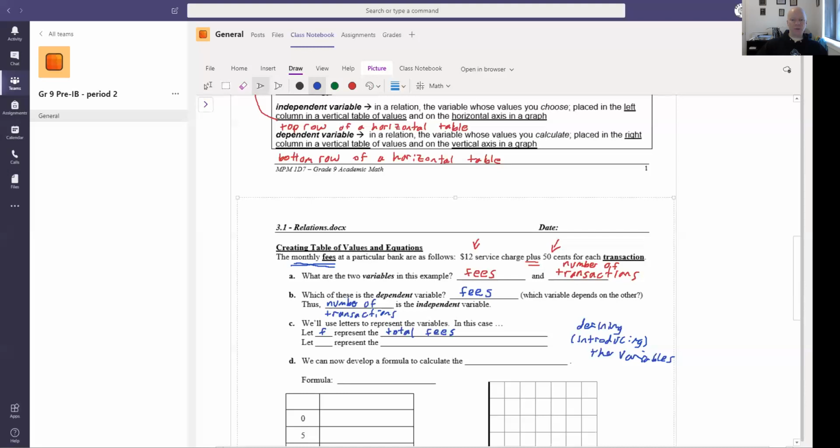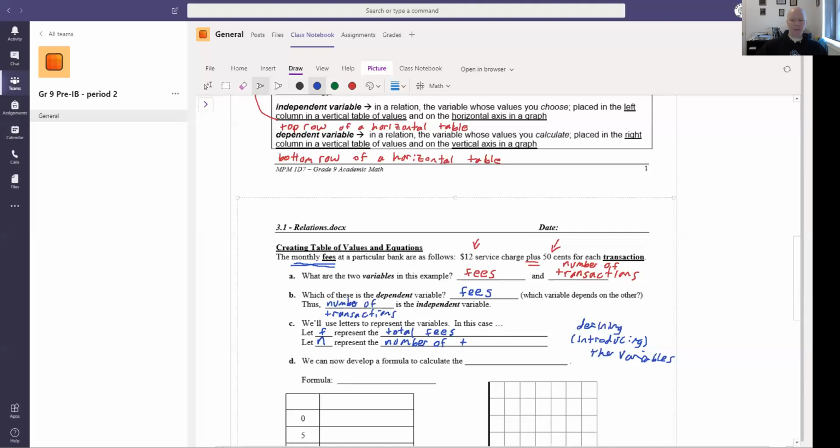And then, getting back down to part C here, representing the variables, I'm going to say actually N. I'm not going to use T. I'm going to use N for the number of transactions. And it's really important that we talk about the number of transactions.